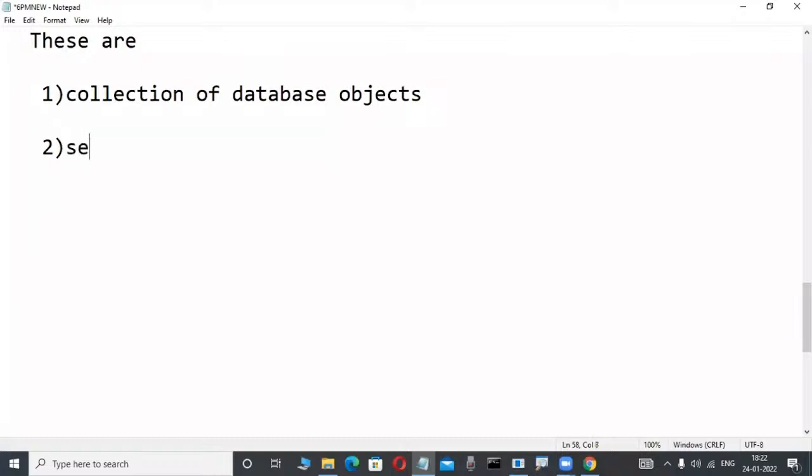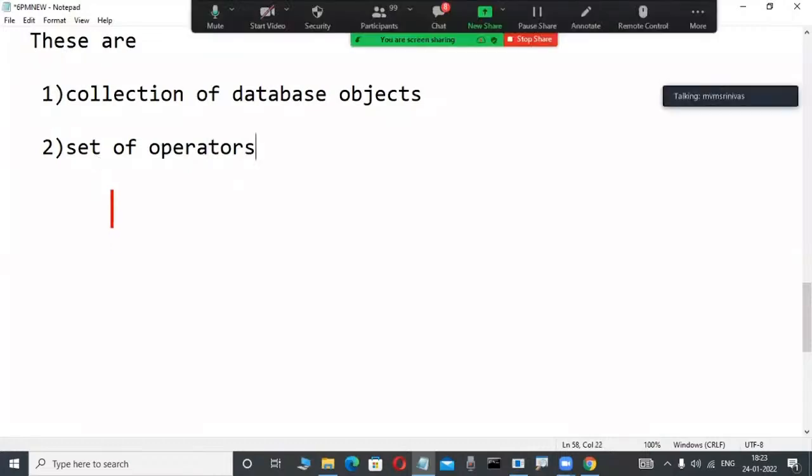What is that? A set of operators is available. Operator means, as in C language or Java, equal to, less than or equal to, greater than or equal to, not equal to. These types of operators are there.